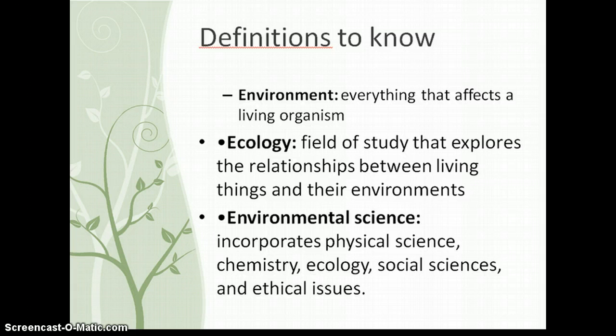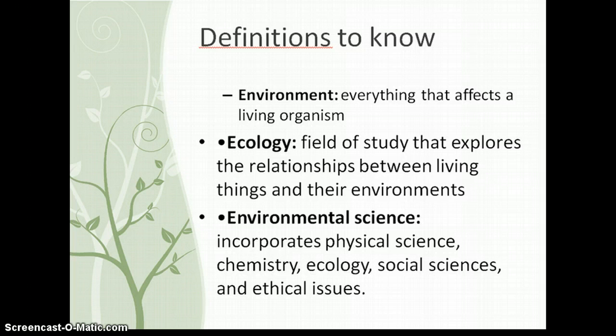Environmental science, on the other hand, is the study of how humans interact with the environment, how we use and how we manage our natural resources. And environmental science includes a lot of other sciences like physical science, the studies of rocks and minerals, chemistry, the study of different elements and how we use those elemental resources.